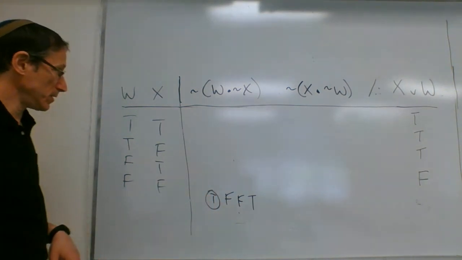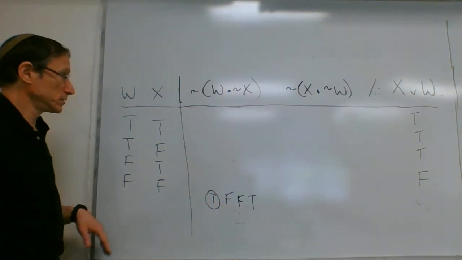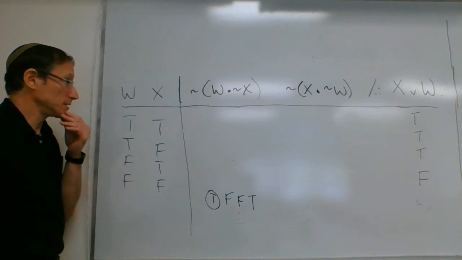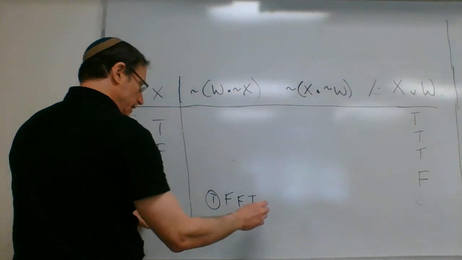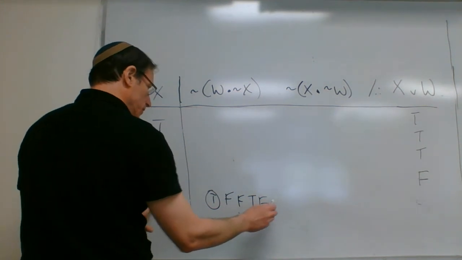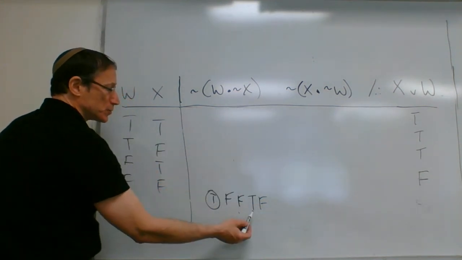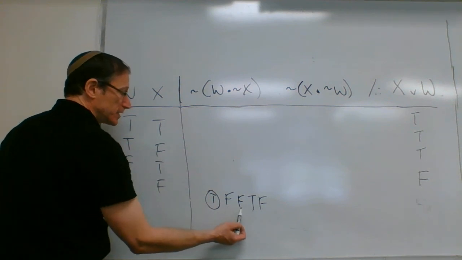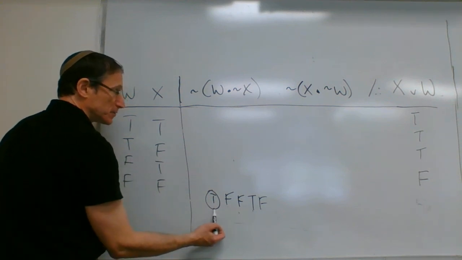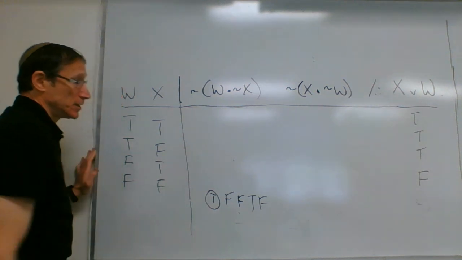So on the bottom row, it is true that it is not the case that W and not X. Let me just check that again. X was false, therefore not X is true. W is false, therefore F dot T is F, and the tilde comes along and says true.